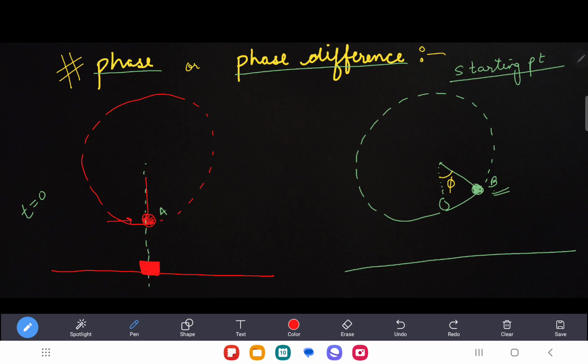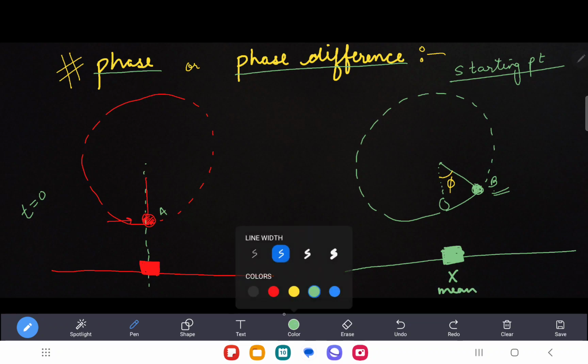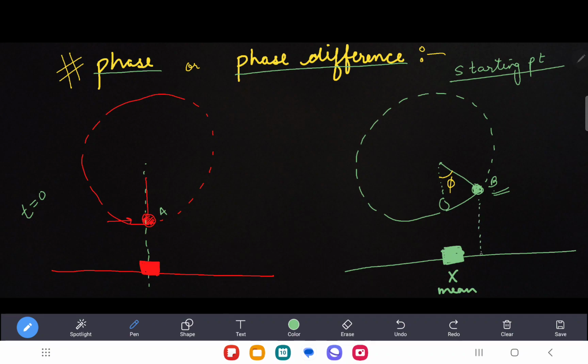Here, if I look at the green part, this position is definitely my mean position. With respect to the green shadow, the X point is my mean position, but the shadow started to move from here. That means at this distance X, and here x was 0.